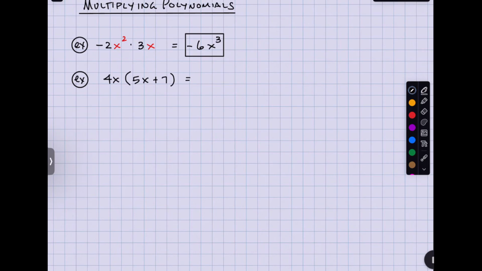So to determine how many terms there are, it depends on how many addition subtraction signs there are. Since there's an addition sign in between these two terms, that is a binomial, while this term in front is a monomial. In this case, we have to do something called distribute.